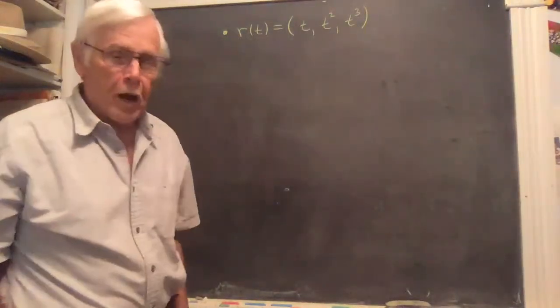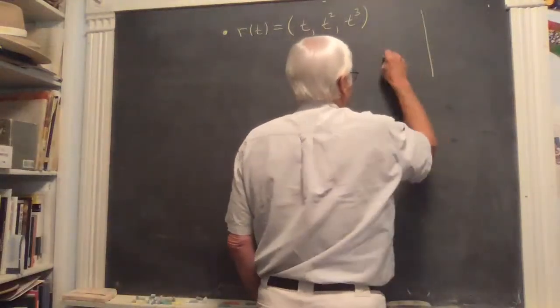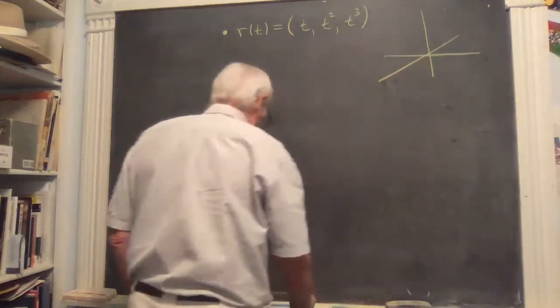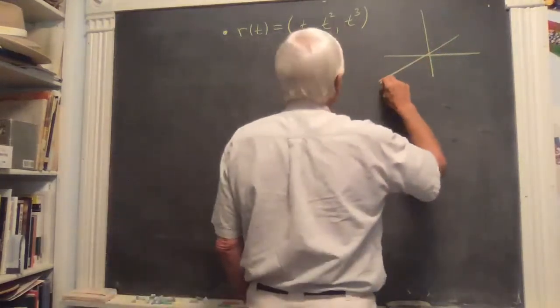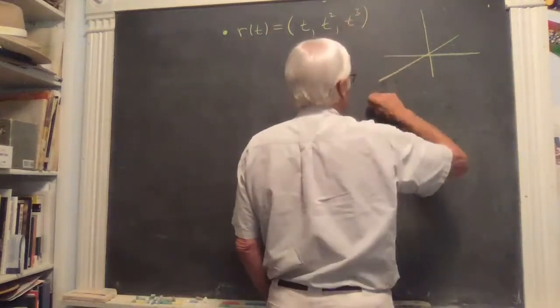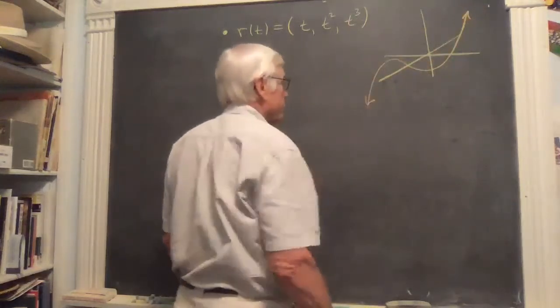We don't actually graph these. We look at a trajectory. The trajectory will be in three-dimensional space, and the trajectory will be some curve. I won't necessarily draw this particular curve, but it will be some curve in three-dimensional space.